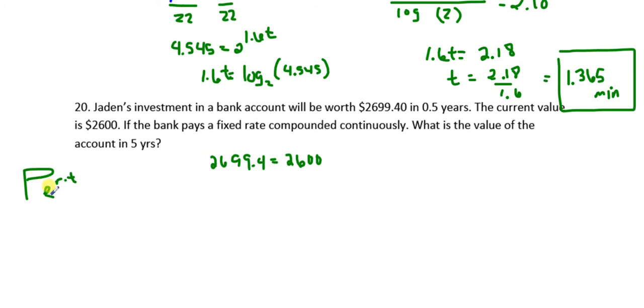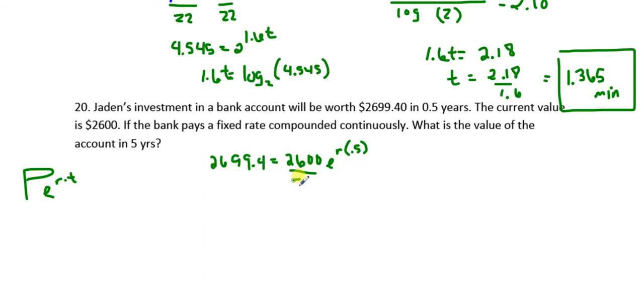E is the number on our calculator. Rate times the time. 2,600 e to the rate, which we don't know, and it's after half of a year, 0.5 time. So they can take a fairly complicated problem and turn it into much more complicated.